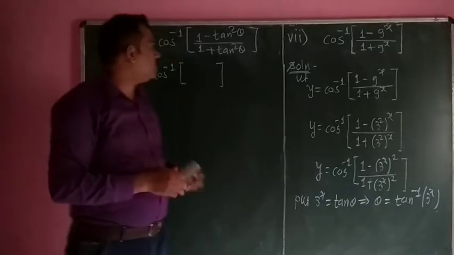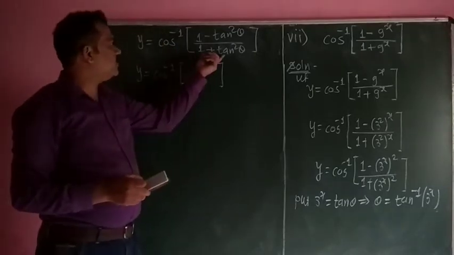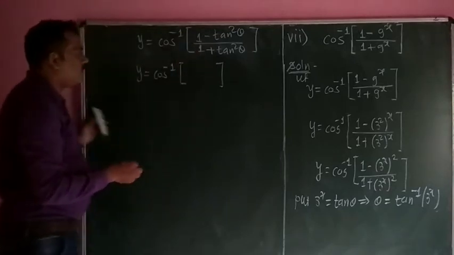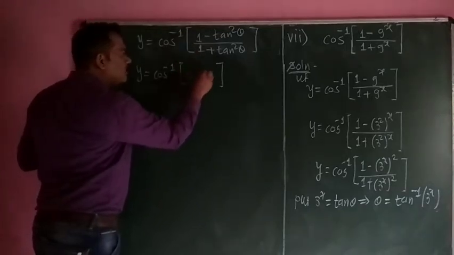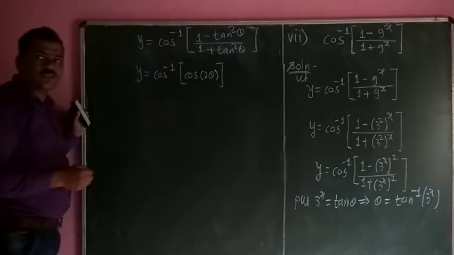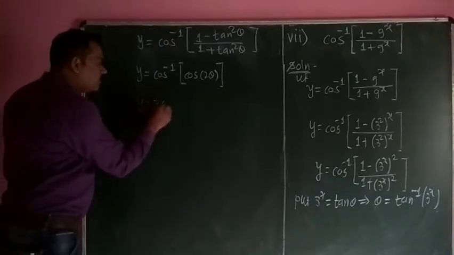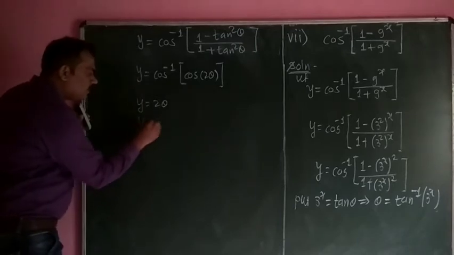That formula we have to know, it is nothing but 1 upon sec square theta, which is cos square theta. That is the formula related to cos of 2 theta. Cos inverse of cos of 2 theta gets cancelled, so that we get y is equal to 2 theta.